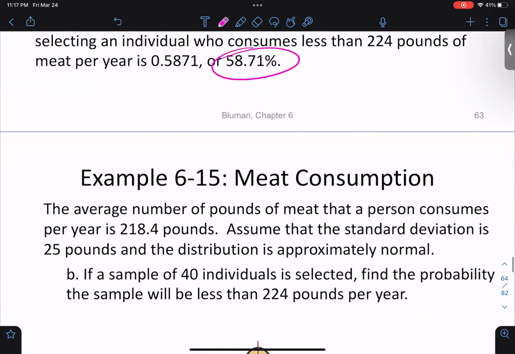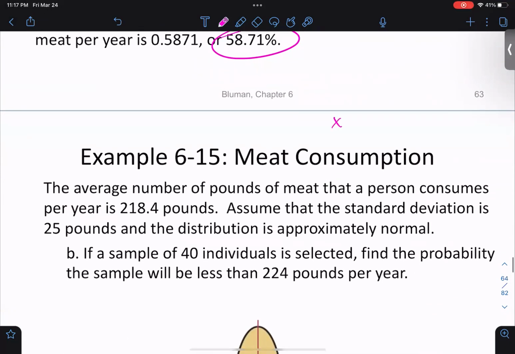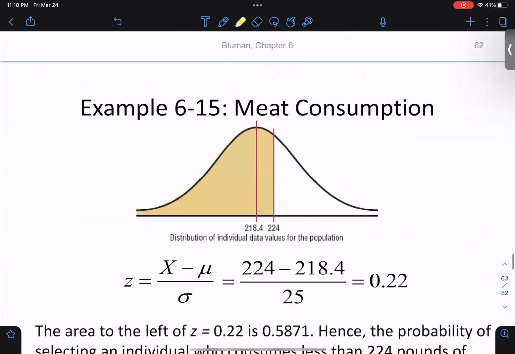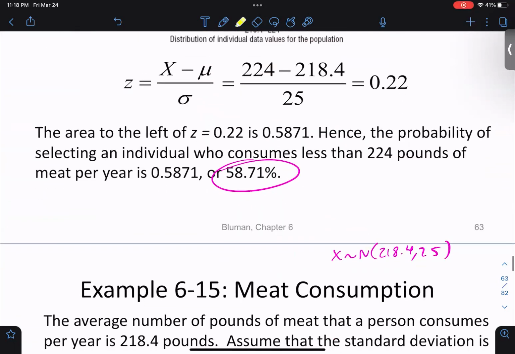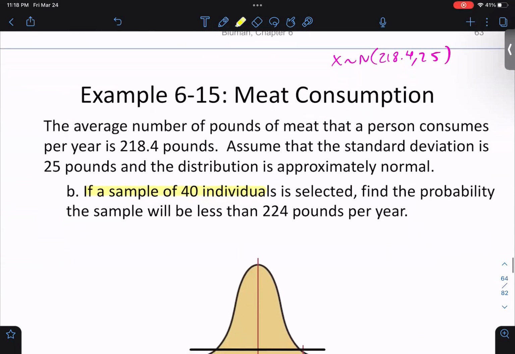Now, this is another question. Same problem, normally distributed, 218.4 and 25 pounds. Now, if a sample of 40, do you see the difference from the question before? Before, they were asking only for one person. Here it's 40, so it's different.